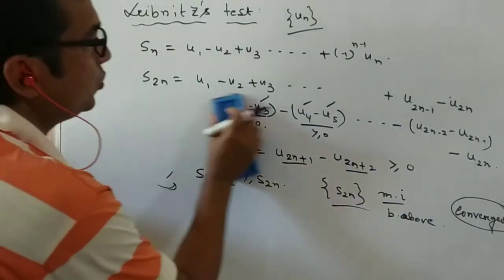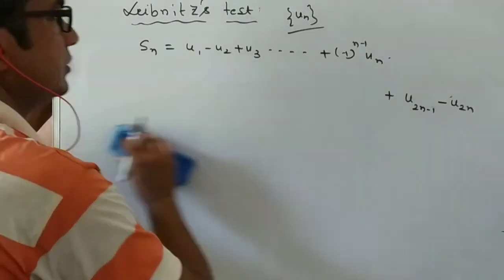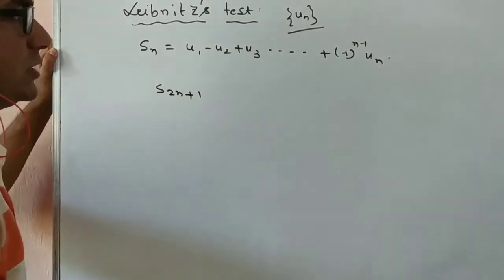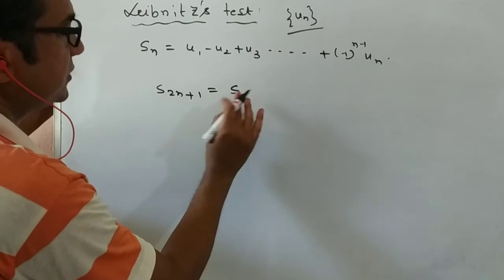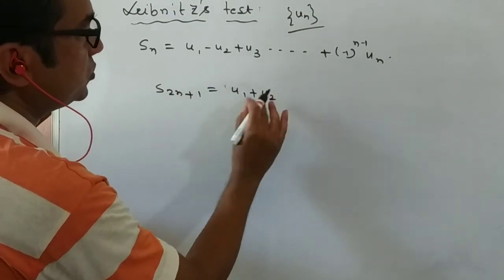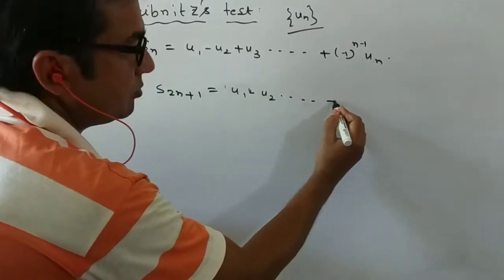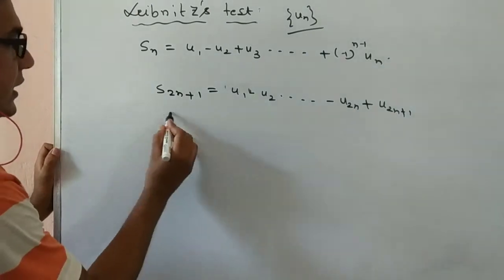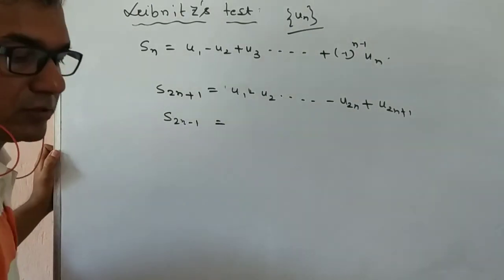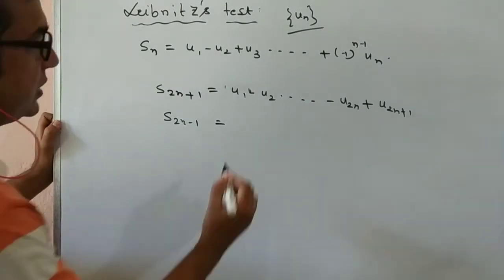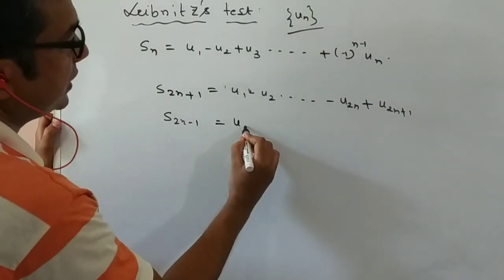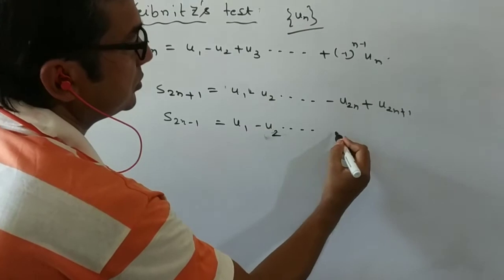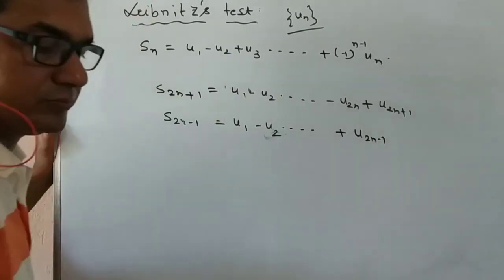Now we consider S2n+1. Then similarly we get u1 - u2 to minus u2n plus u2n+1, and S2n-1, this is u1 - u2 to u2n-1.